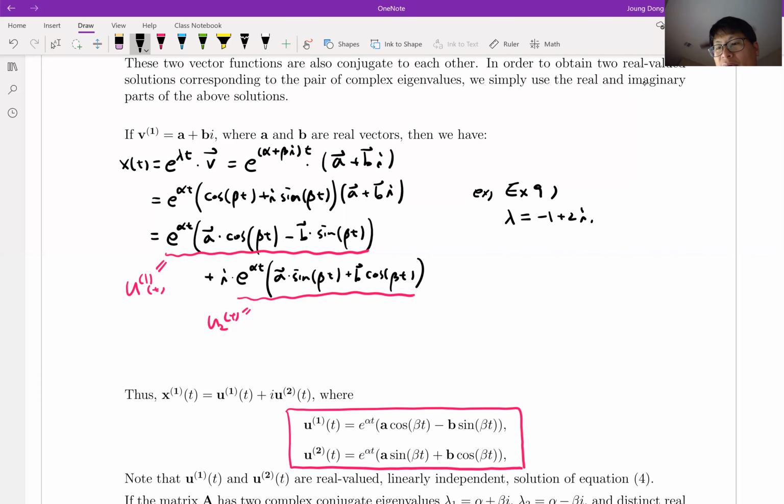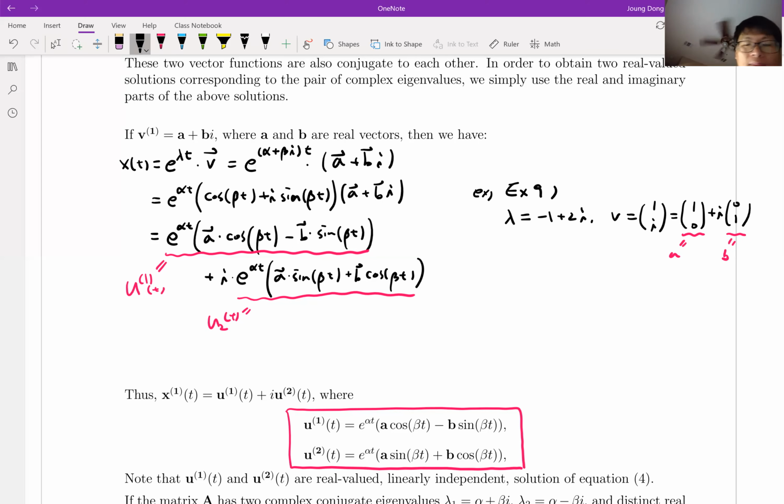And my eigenvector v was 1 and i. Let me write this as real and imaginary parts. So it is the vector (1, 0) plus i times the vector (0, 1).